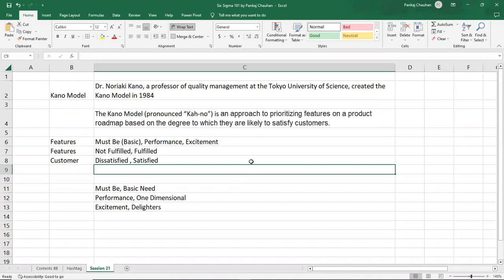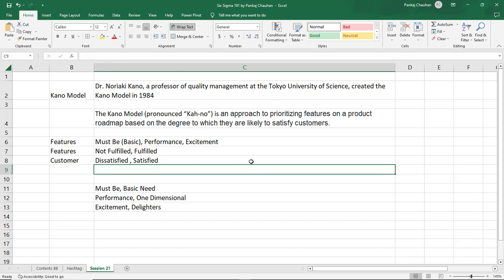So basically, if you are looking for a measurement of customer satisfaction, then the Kano model is the best tool to analyze what level of customer satisfaction I am achieving based on the features in that product or service. It was developed in 1984 by Dr. Kano, who was a professor of quality management at the Tokyo University of Science.